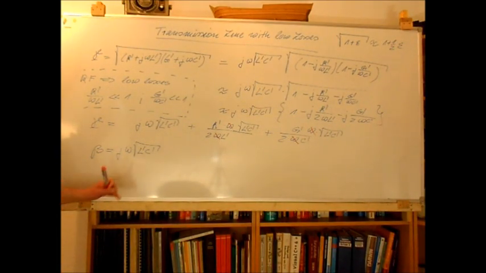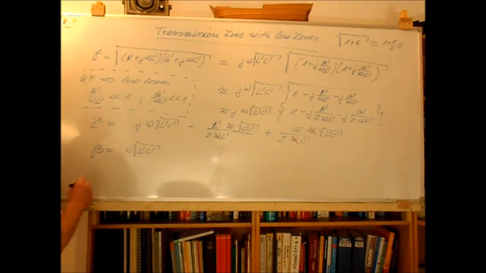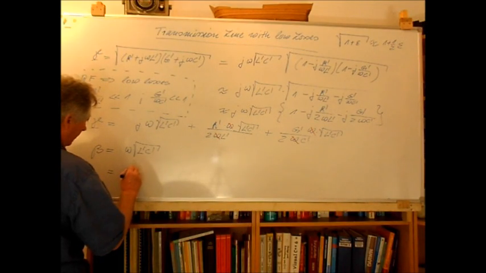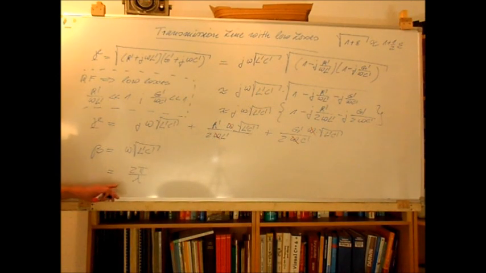And in the chapter before we used that this is 2 pi over the wavelength, so according to Maxwell's theory we have to calculate the wavelength, and this will result in a certain beta.